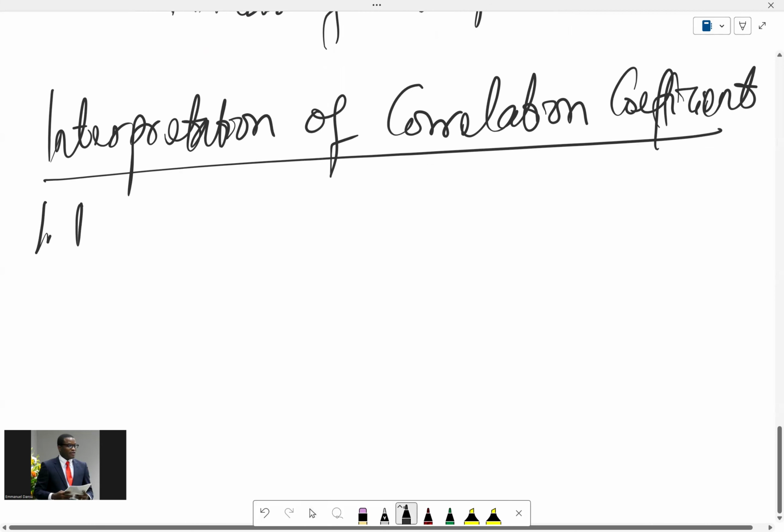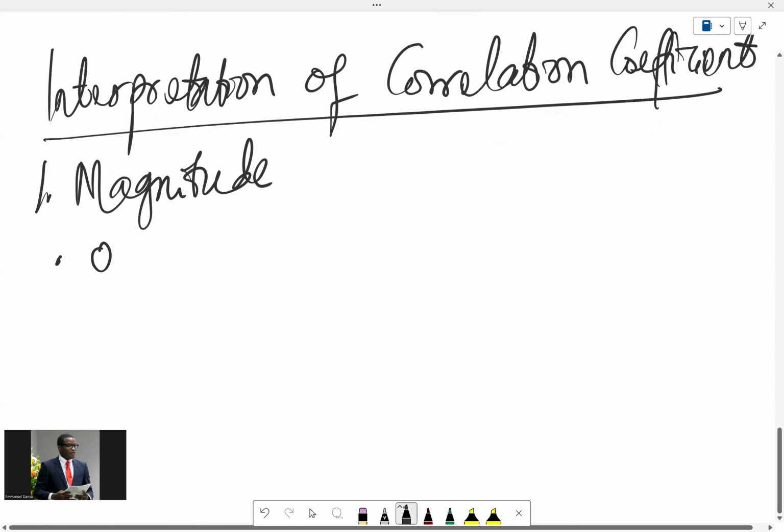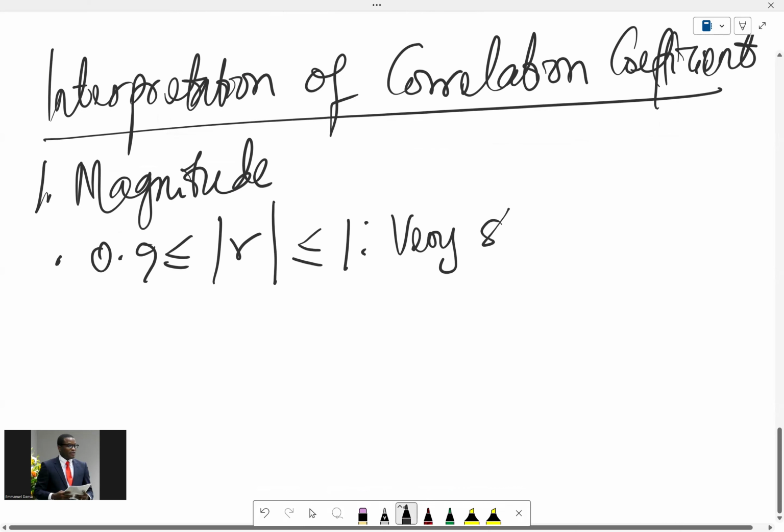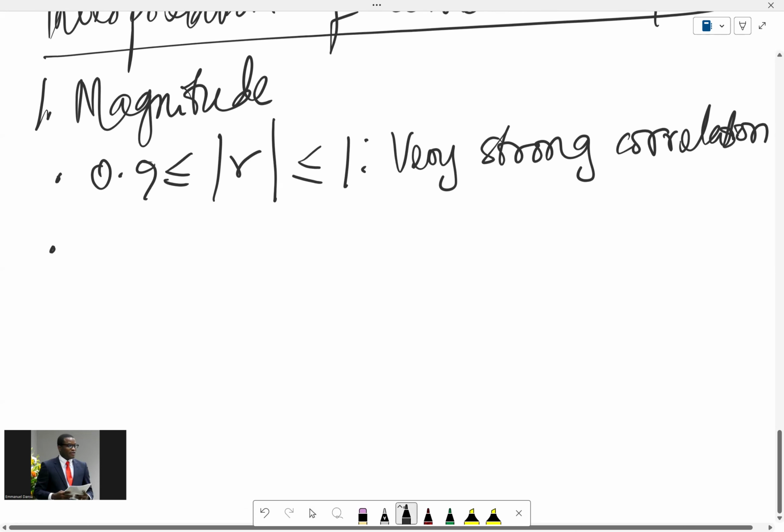First of all, talking about the magnitude, if we have 0.9 less than or equal to the absolute value of the Pearson correlation coefficient, which is less than 1, we say we have a very strong correlation. If it is positive, that'll be a very strong positive correlation. If it's negative, that'll be a very strong negative correlation.